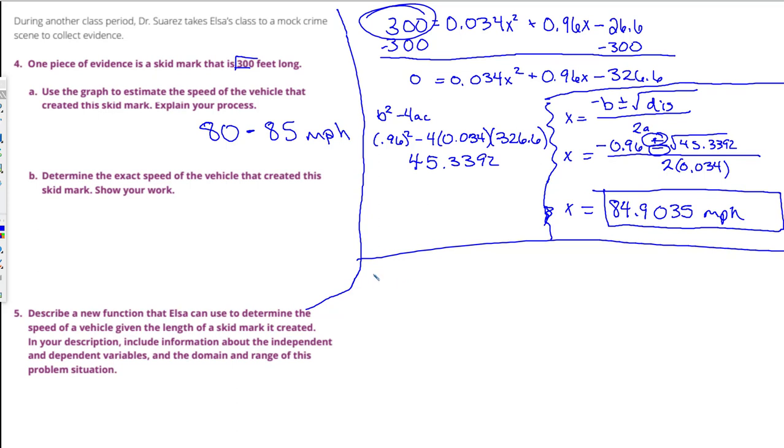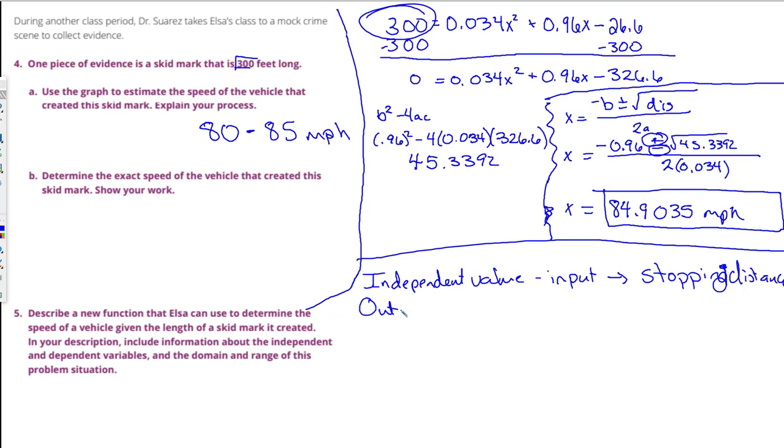The inverse means that my new independent value, which is our input, would need to be the stopping distance. Which would give us the output, or our dependent value, which is our speed.